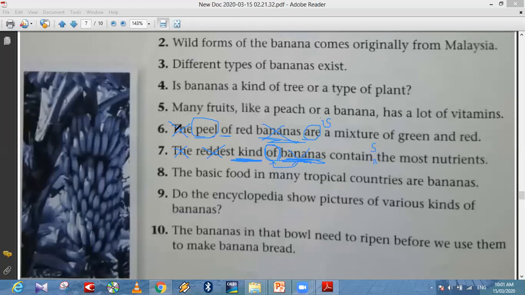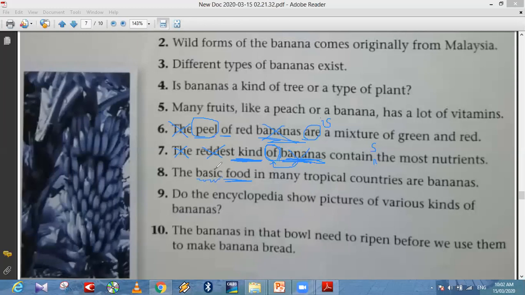Now another one. Number 8. The basic food in many tropical countries are bananas. The subject is food. So why not basic?